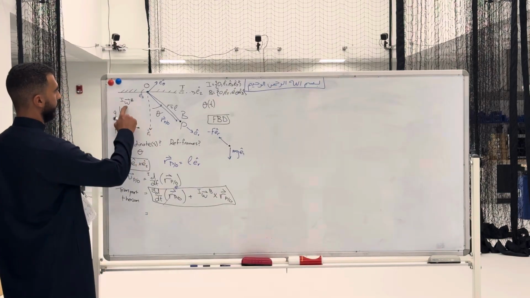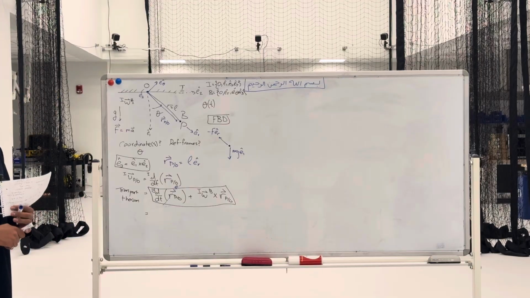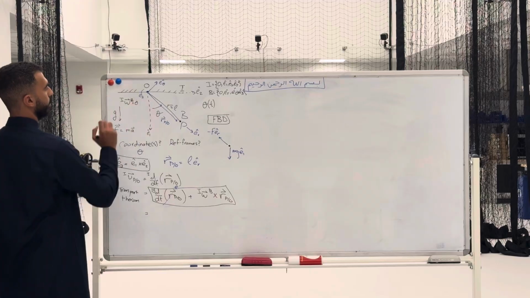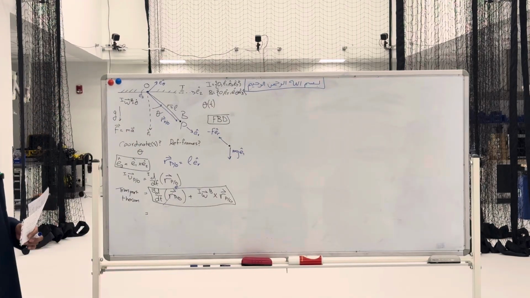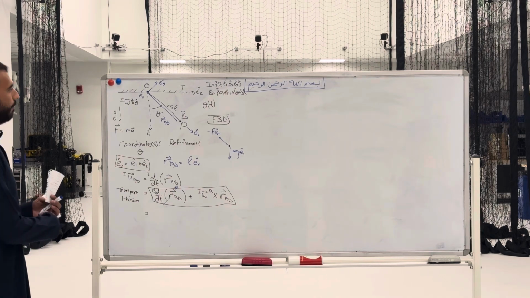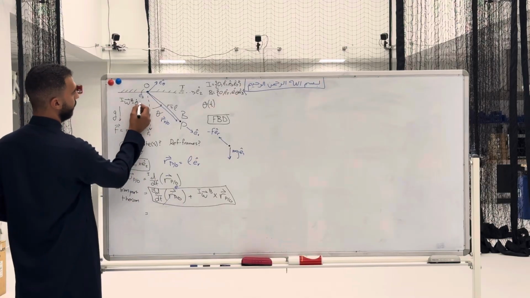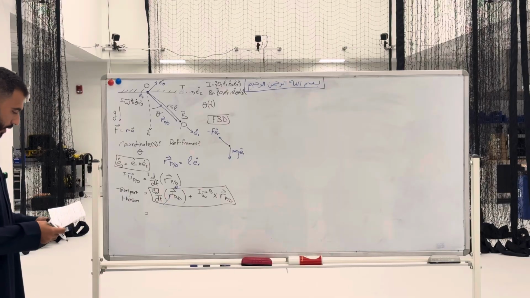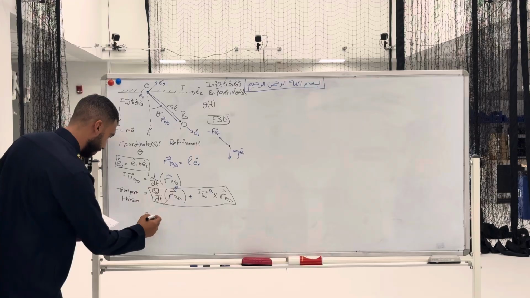What do you guys think the value of this is? Theta dot. Correct. In what direction? E theta? Tangent to the R? So it's rotating this way, E3. So it's E3. So now we have what we need.